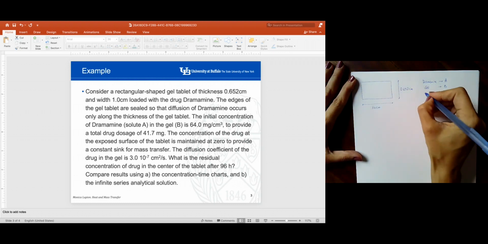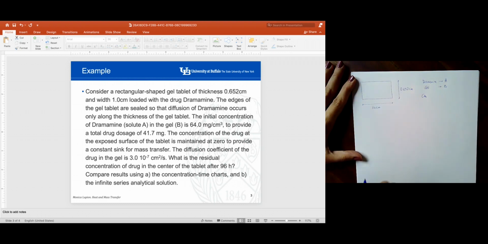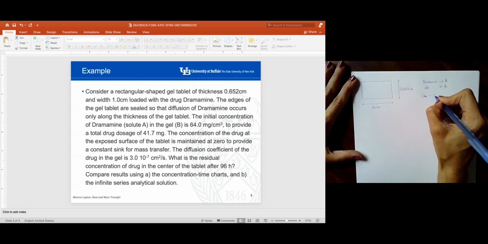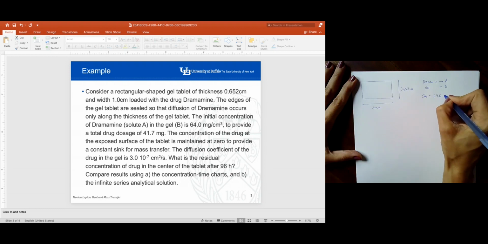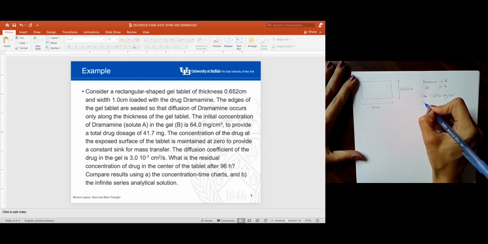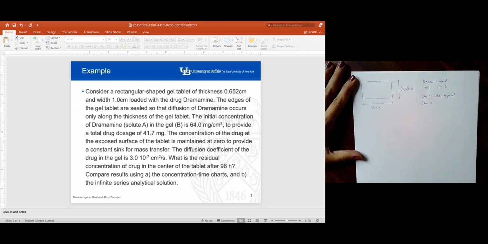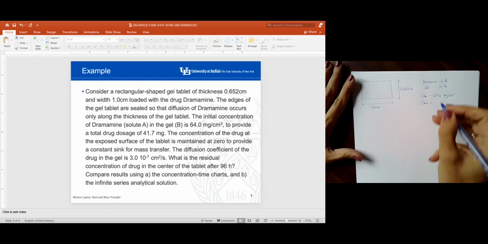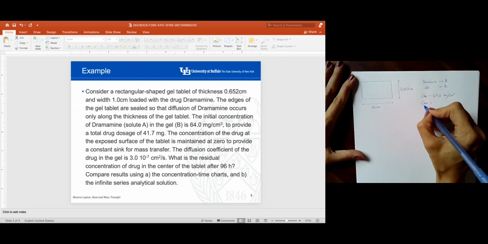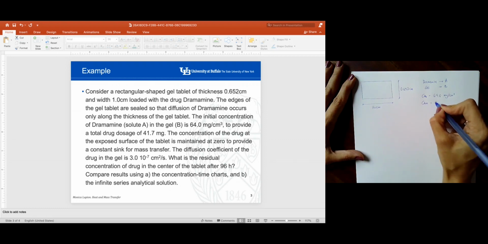Okay, we know that the initial concentration, CA0, is equal to 64.0 milligrams per cubic centimeter, that we can consider that the concentration outside this tablet, the concentration of the drug, the concentration A infinity, is equal to 0.